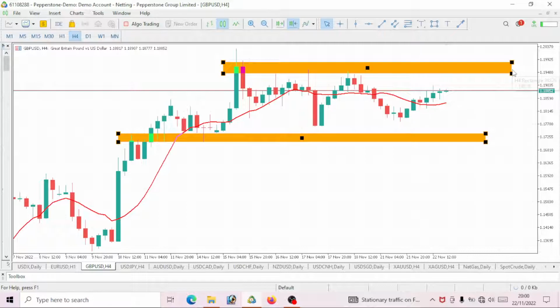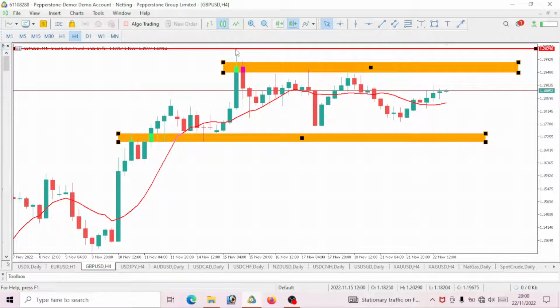So on this GBP USD, first of all, the goal is to take out this level, which is about 1.9480. And if our price breaks above this level, 1.9480, then the next level we would want to take out is this level, let me add it here, which is a level of 1.2290.